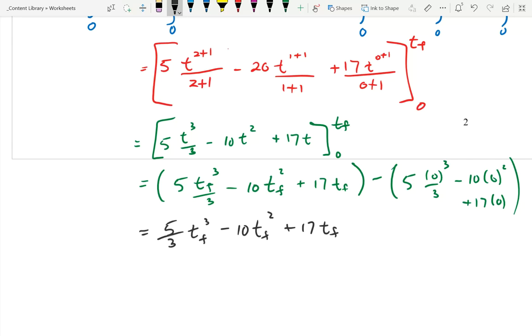That's right. The plus c only occurs if you don't have limits. I call them bounds. Yes, bounds is fine.